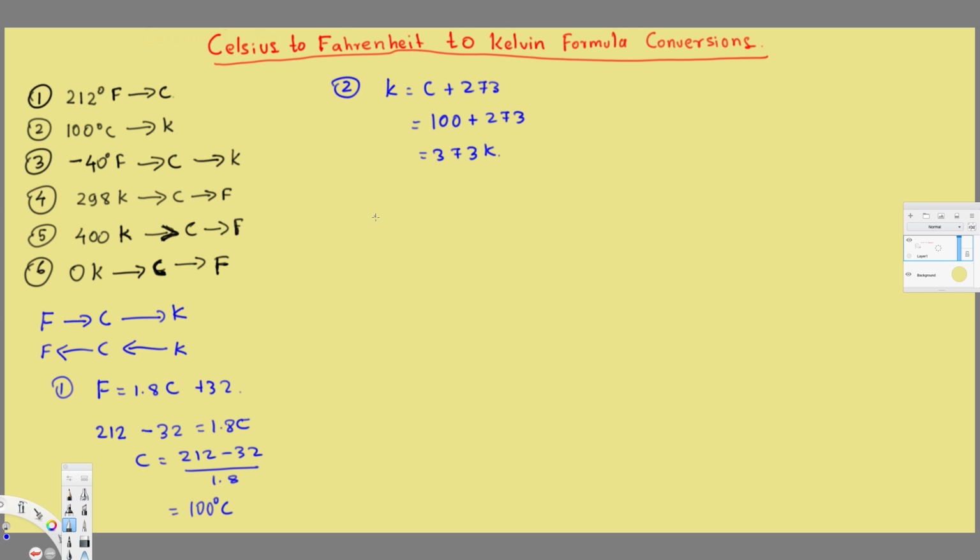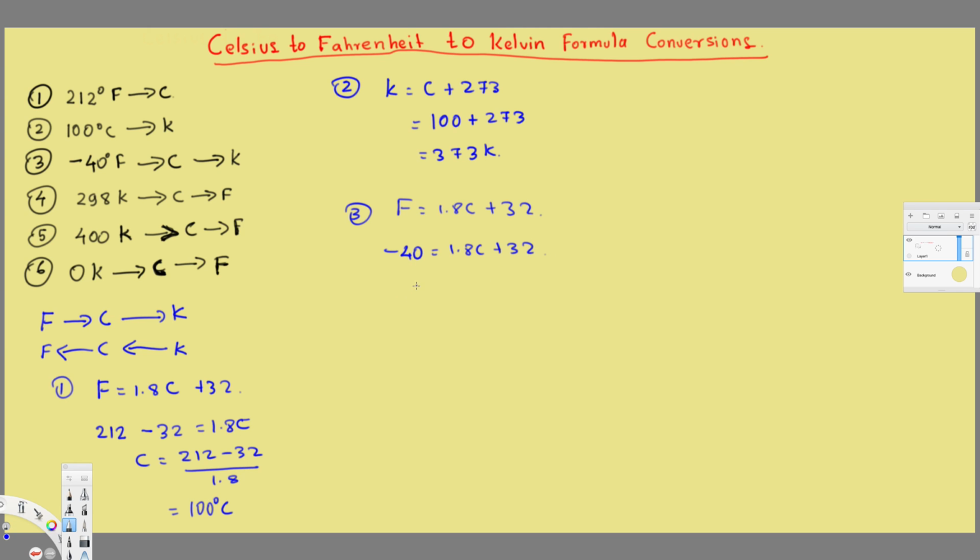Let's do the third one right here. The third one is asking to convert from Fahrenheit to Celsius, then Celsius to Kelvin. So Fahrenheit to Celsius, we have this equation right here. F is equal to 1.8 C plus 32. They have given the Fahrenheit, that is minus 40, equal to 1.8 C plus 32.